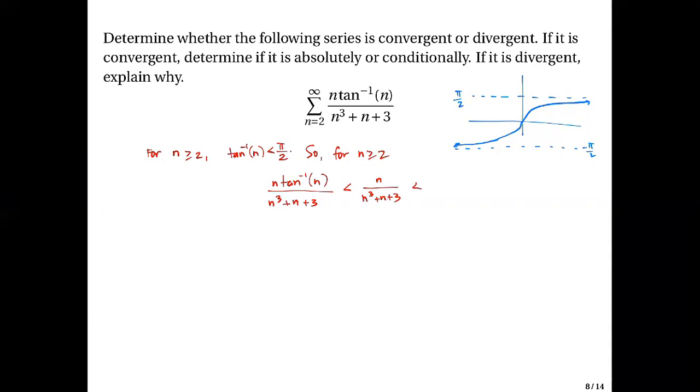So this will be less than n over n cubed, and n over n cubed is just 1 over n squared. Therefore, we compare this with the series with terms 1 over n squared. And furthermore, let's show that this part is absolutely convergent.